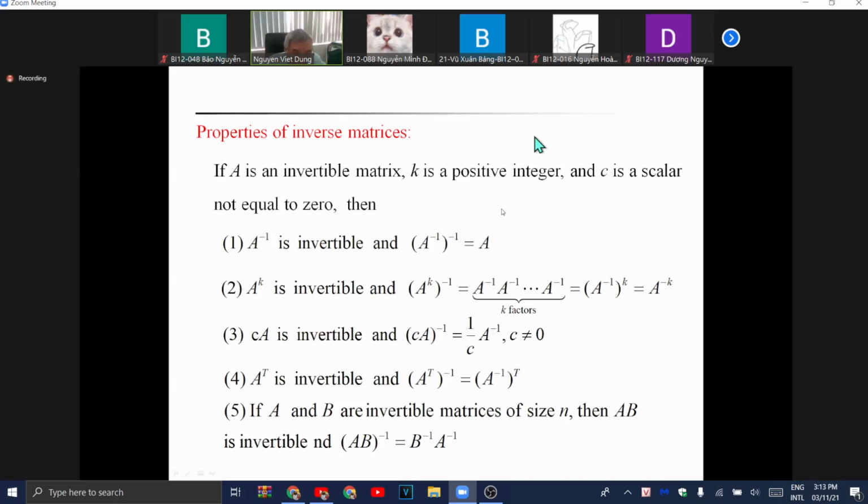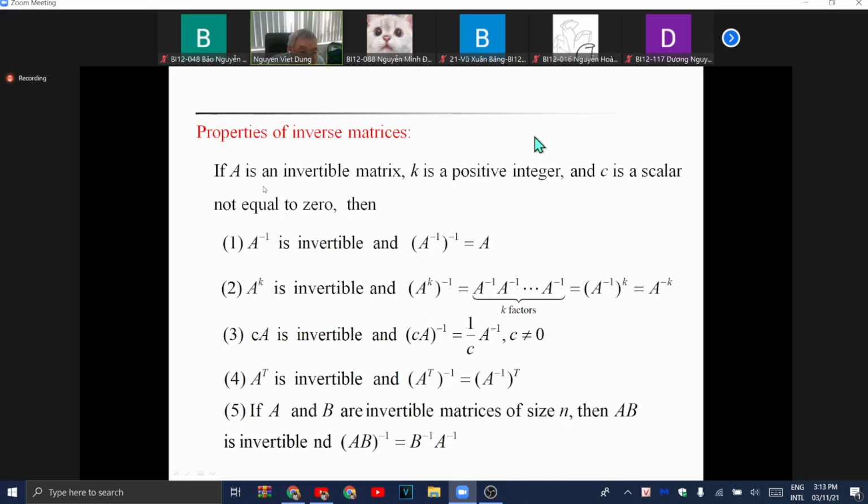Then we have the following properties. Property number 1 saying that if A is invertible, then A inverse is also invertible, and we have that formula. It means if we take the inverse 2 times, you will go back to the original matrix A.